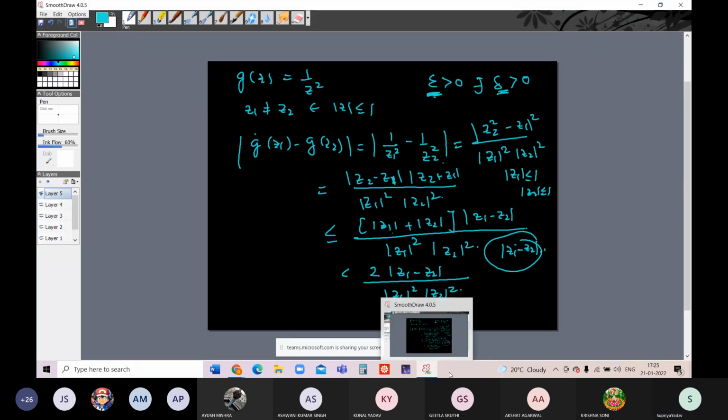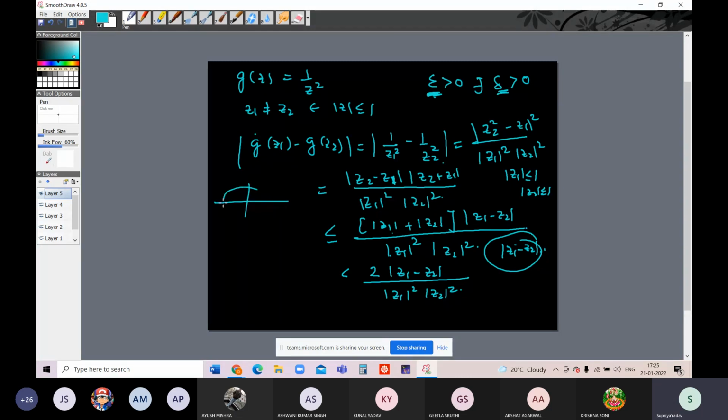So in this region, because this is a closed disk around origin, suppose we choose either of these points z1 or z2, इनमें से कोई भी एक, which is very very close to 0, so what will happen?